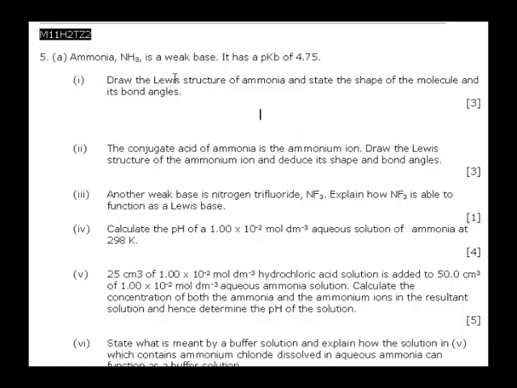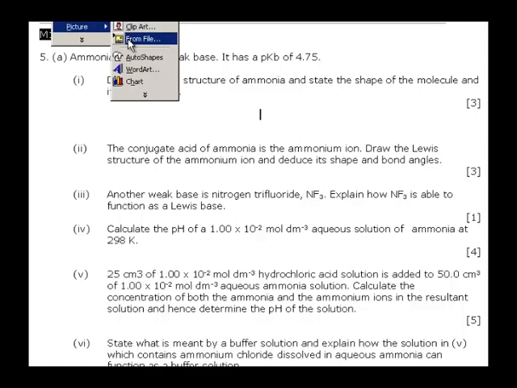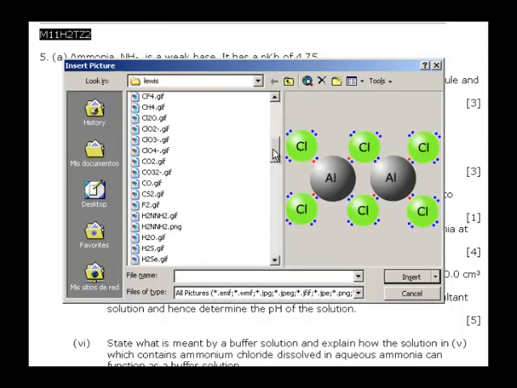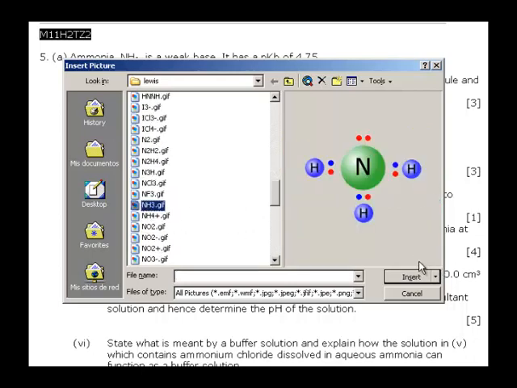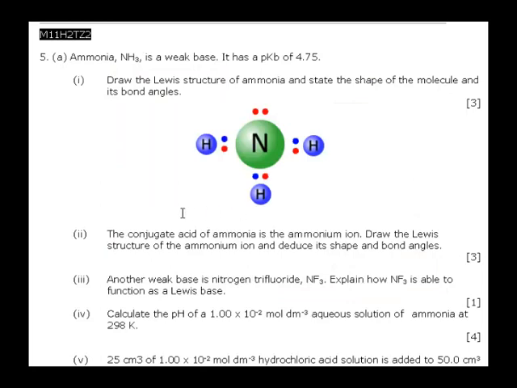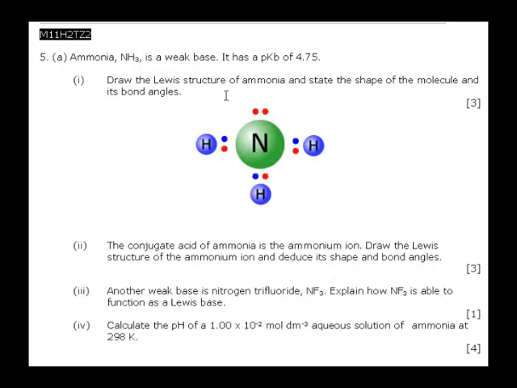The first thing we have to do is draw the Lewis structure of ammonia and state the shape of the molecule and its bond angles. Well, we can input the Lewis structure of ammonia here from the file, ammonia NH3, and what shape have we got for ammonia?